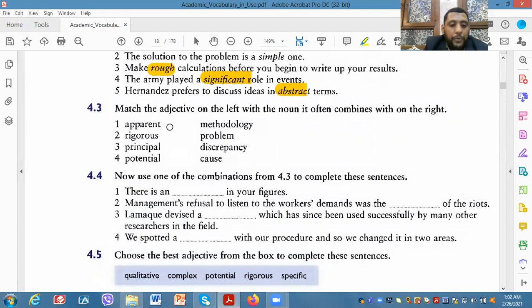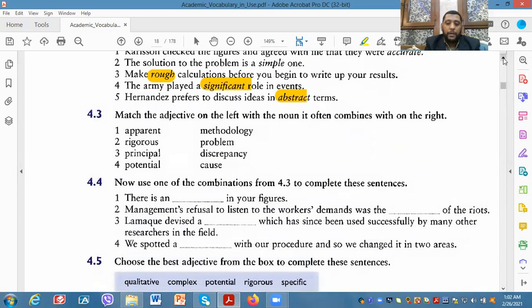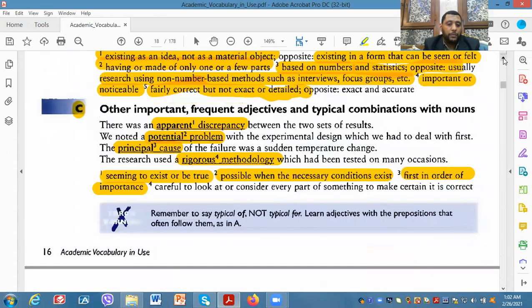It is apparent discrepancy. By going back to the first page, we can see that there was an apparent discrepancy.